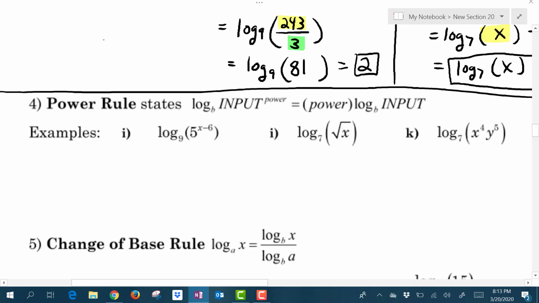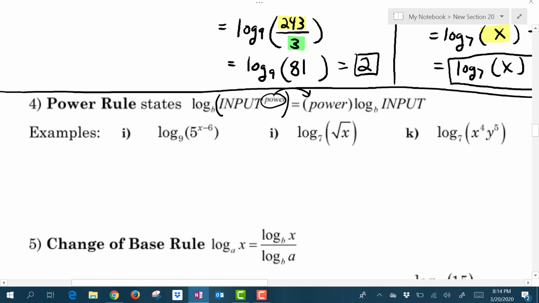Alright, so the power rule states that if you have a log where everything inside of that log, say the input, is all raised to the same power, then we're allowed to take that power off of the input and multiply it times the front of the log.